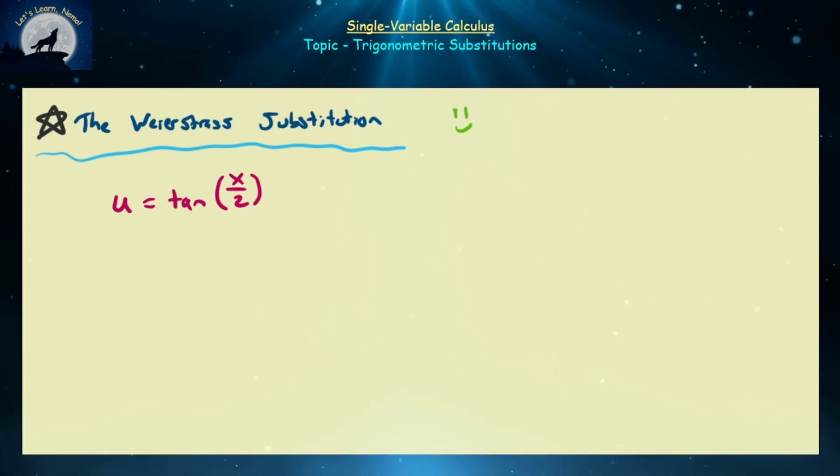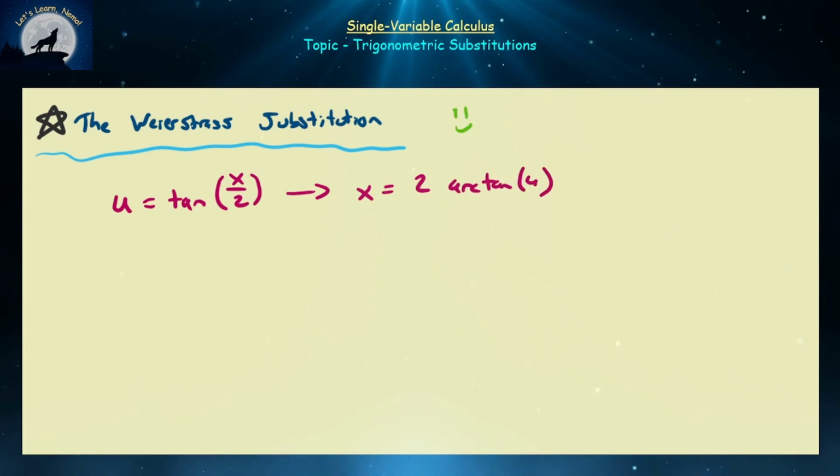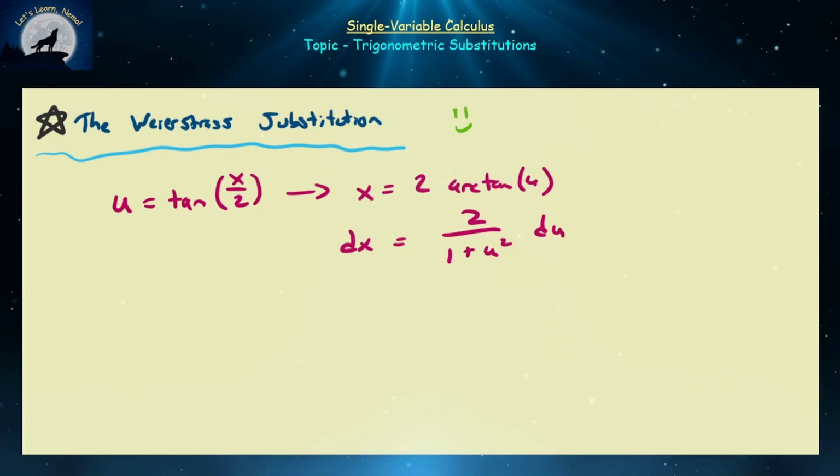So if we take this substitution as our choice, for whatever reason, you should be able to solve this equation for x. In particular, x will be equal to 2 times the arctangent of u. If I differentiate both sides of this equation, I get dx equals 2 divided by 1 plus u squared du.